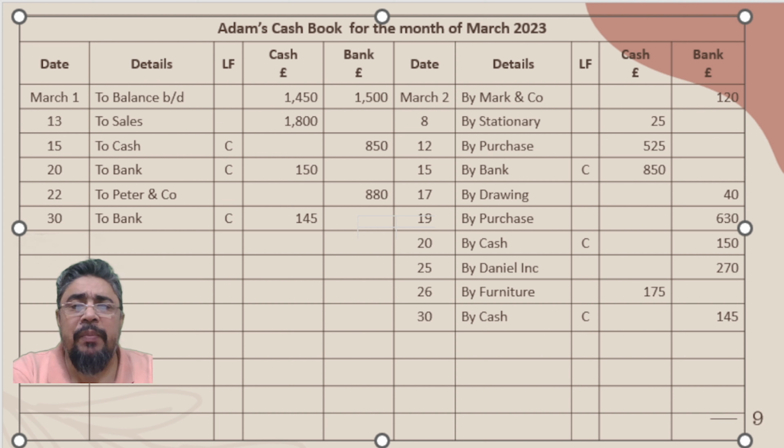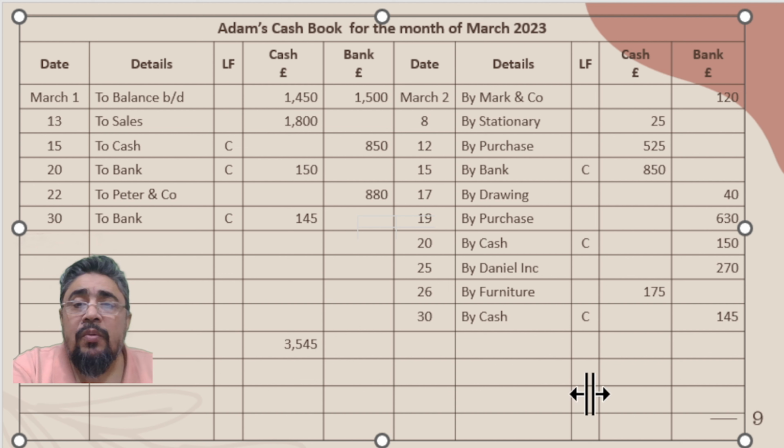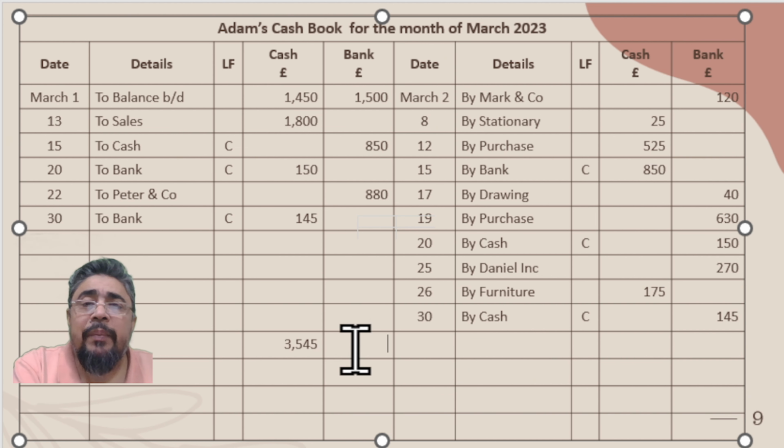To find the closing balance of March, the debit side of the cash column, you total this one, it is 3545, and the total of the debit side of the bank column is 3230.